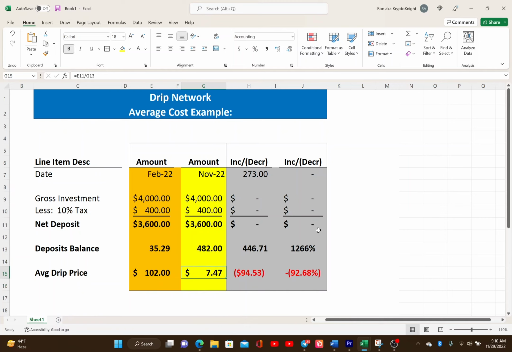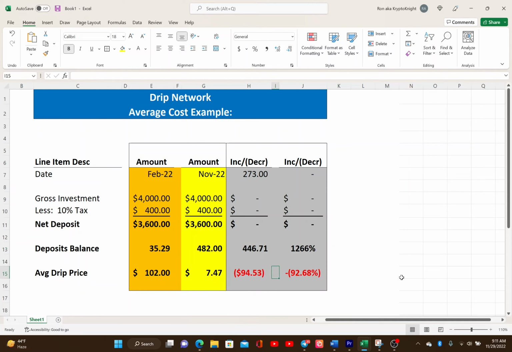Their average Drip price is now $7.47. You went from an average cost of $102 down to $7.47 by simply hydrating 7 days a week from February to November 2022. So your deposits grew by 446 Drip tokens.